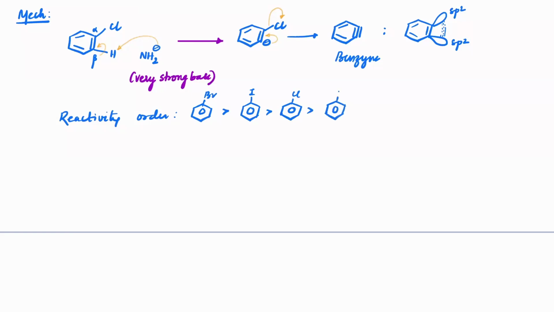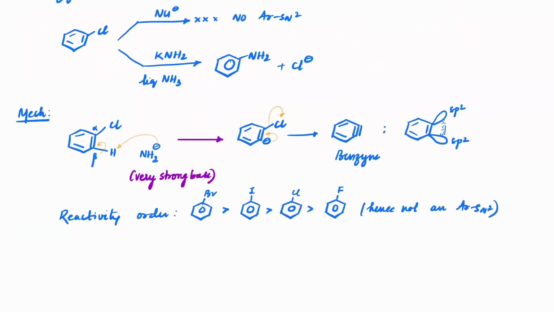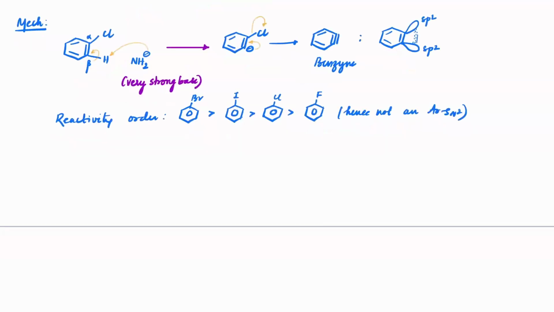Right? This is the order which has been identified. So this clearly shows that it is not the ArSN2 kind. This is definitely not a similar ArSN2 type of reaction, so it is not an ArSN2 type of mechanism. Anyway, once the benzyne is formed here, let me actually put this at the end. Let me finish the reaction.